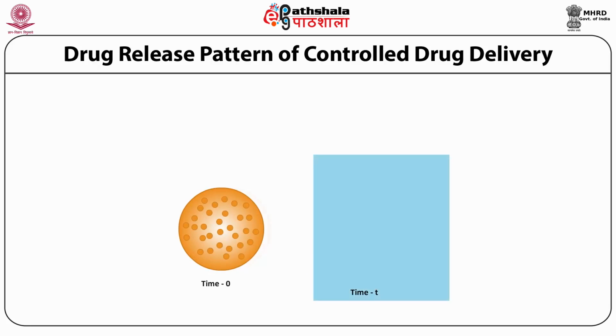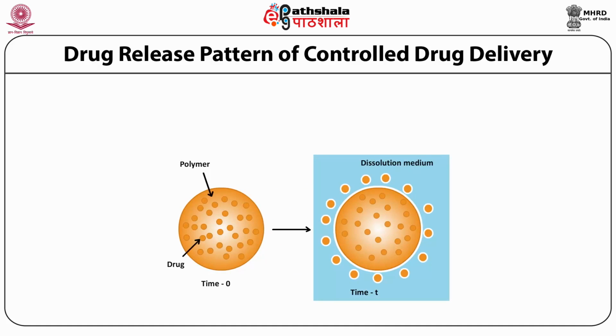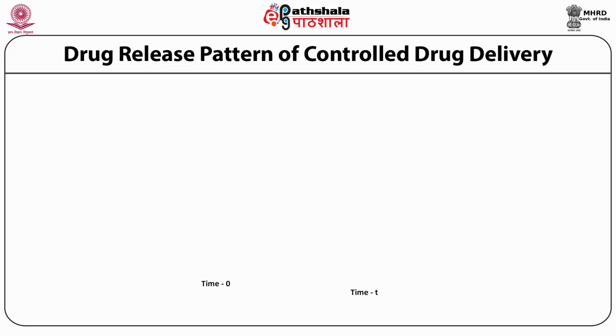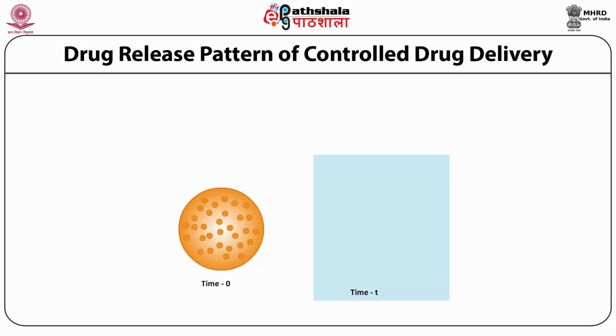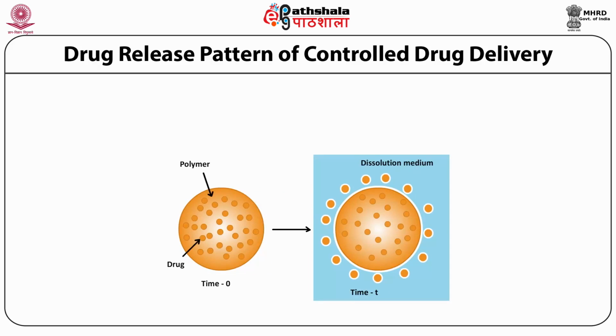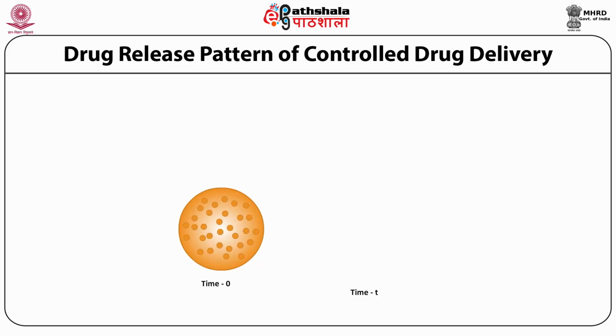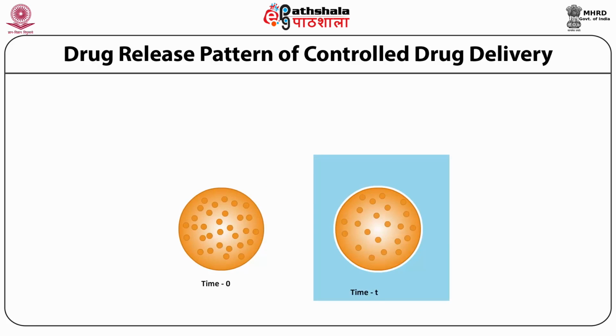With time, water infiltrates deep into the matrix, increasing the thickness of the gel layer. This is very clearly indicated in the figure in front of your screens. Concomitantly, the outer layer becomes fully hydrated and starts dissolving or eroding.